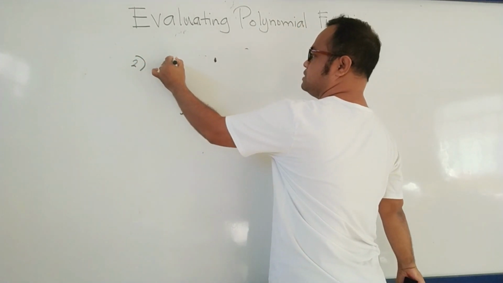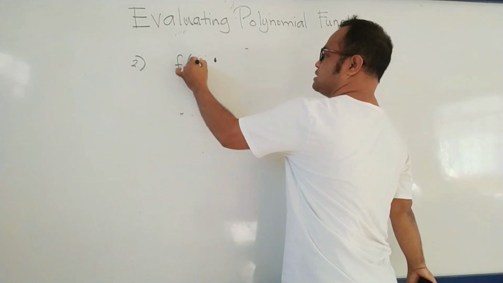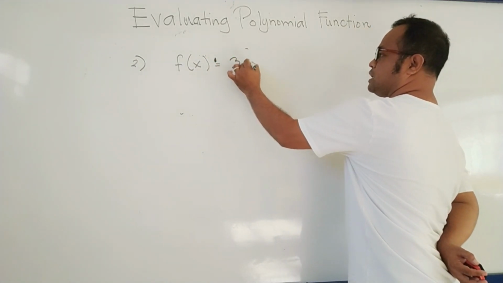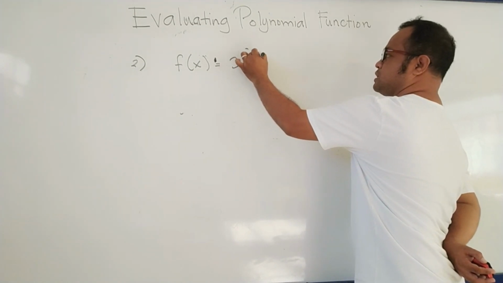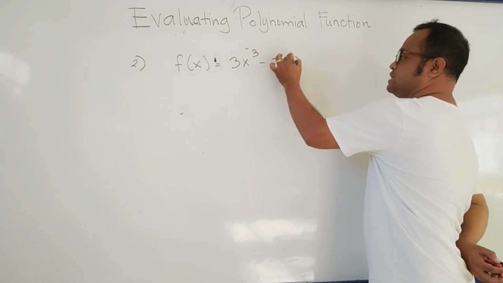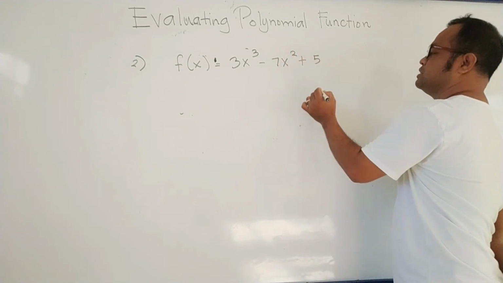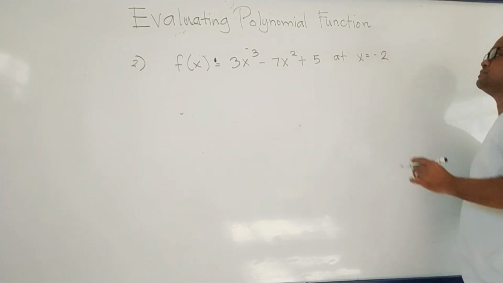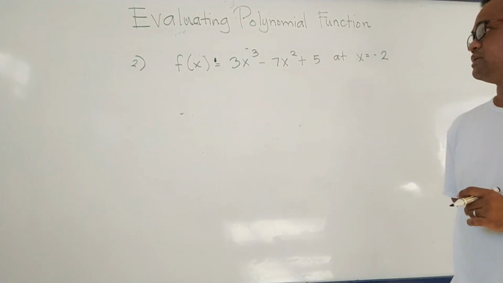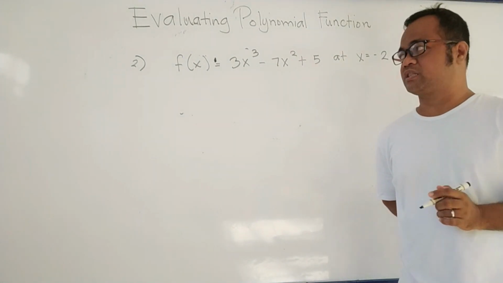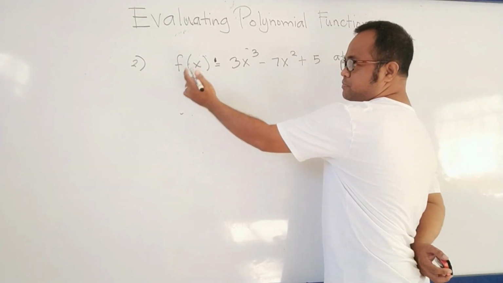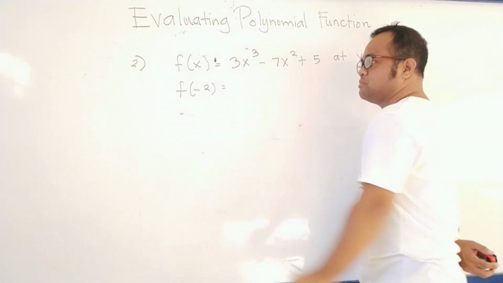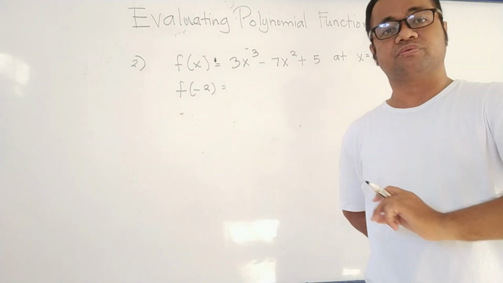So, let's say we have f of x is equal to 3x cubed minus 7x squared plus 5 at x is equal to negative 2. Your x is equal to negative 2. So, therefore, instead of writing f of x, you write f of negative 2 because your x is negative 2.